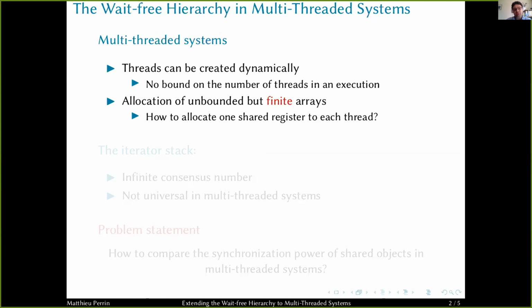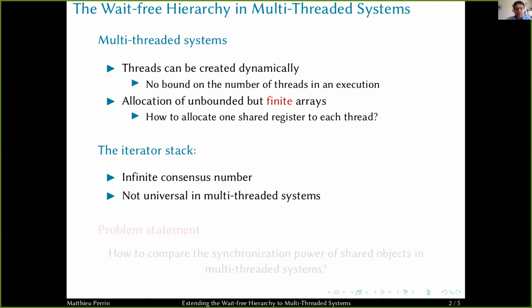Another specificity must be taken into account: threads share a common memory from which they can allocate unbounded but finite numbers of memory locations. These two considerations have an impact on which algorithms can be implemented in multi-threaded systems and which cannot. For example, it is not trivial how to allocate one shared register to each thread, which is required by many wait-free algorithms.